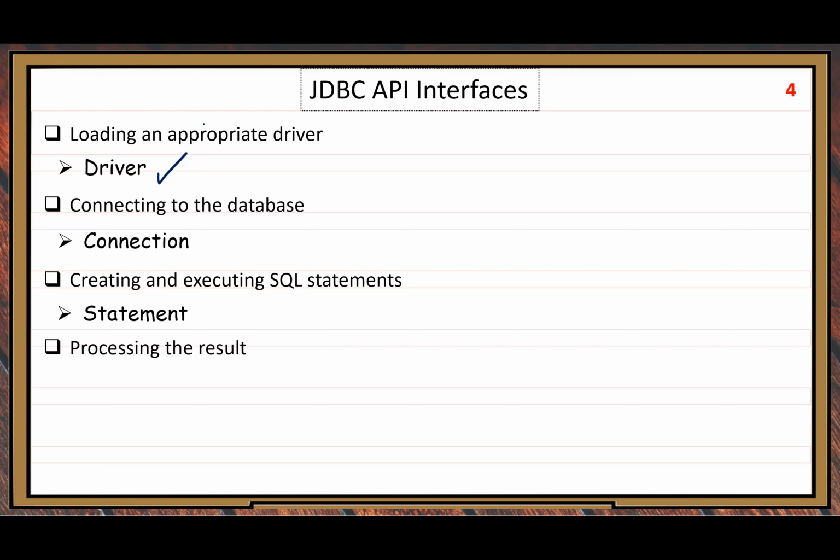After you get a query result, you need to do data processing. We use this result set interface. Just these 4, we can do JDBC programming. But how to use these 4 interfaces? Next slide, we will see how to use them one by one.